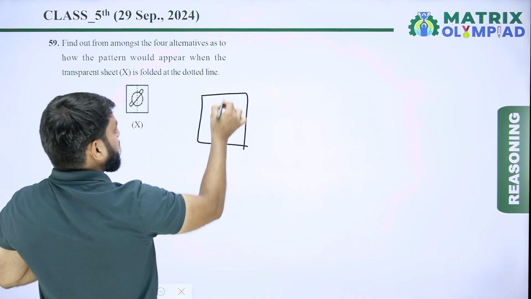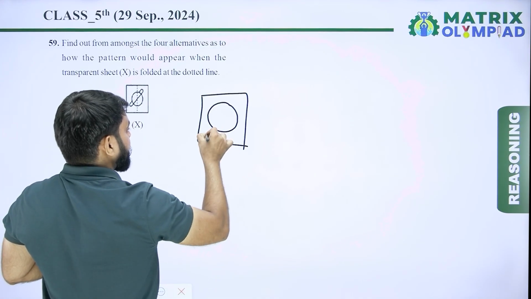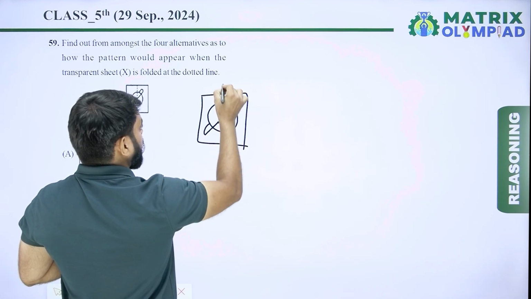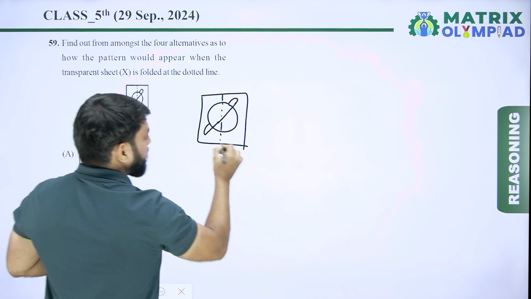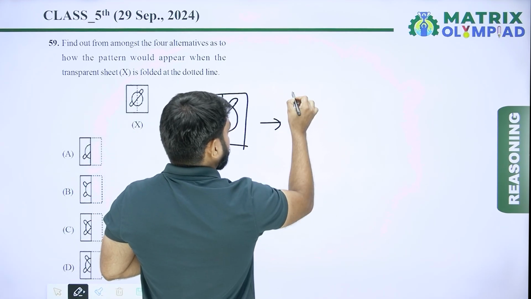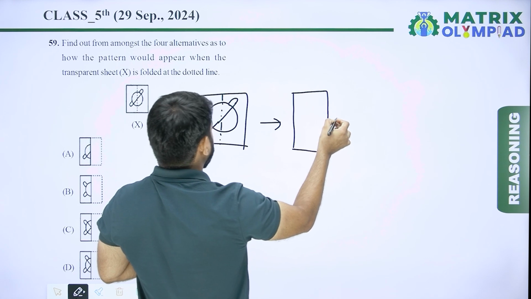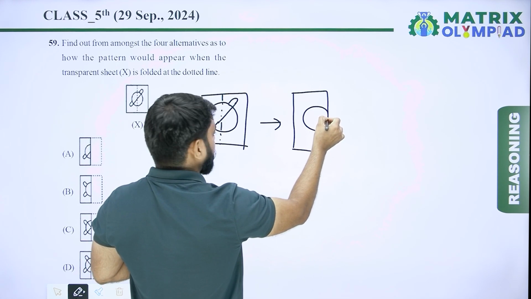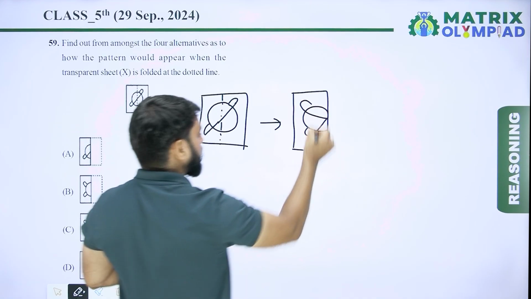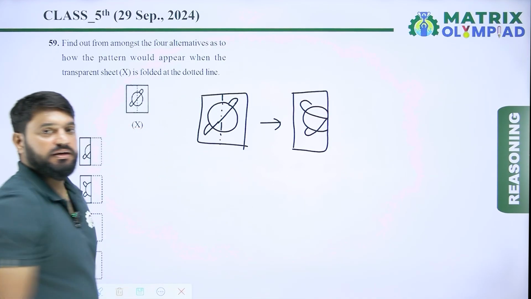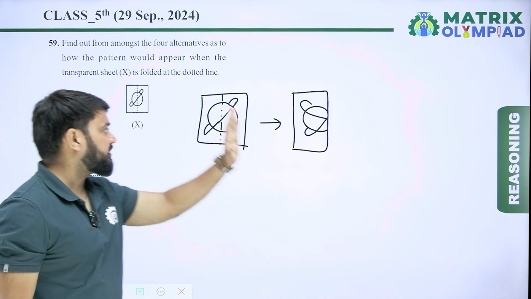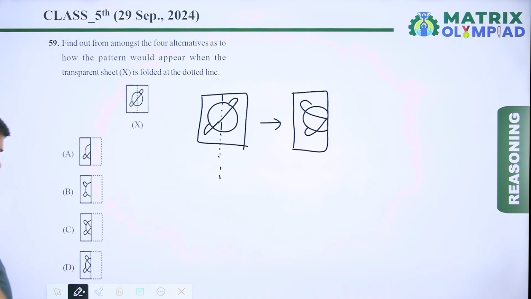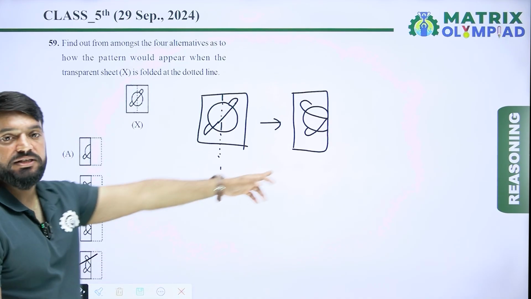According to this question, when we fold this transparent sheet along the dotted line, then it will look something like this. So it means option D is the correct answer of this question.